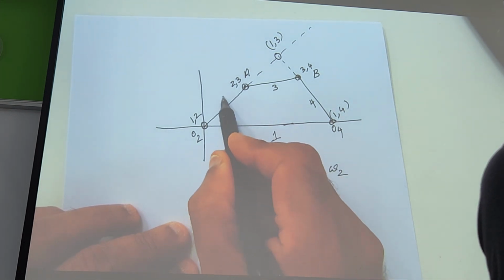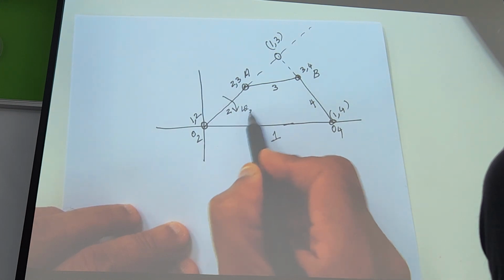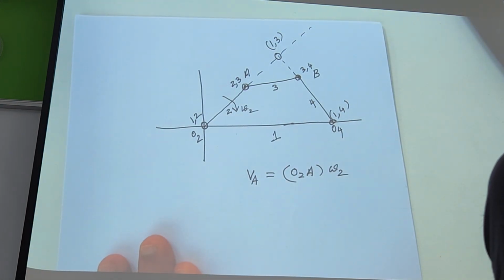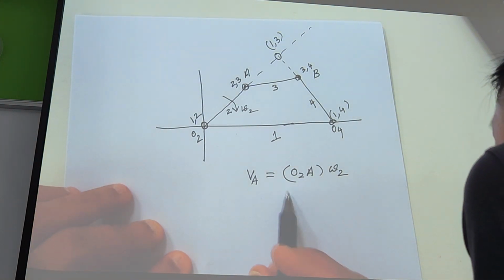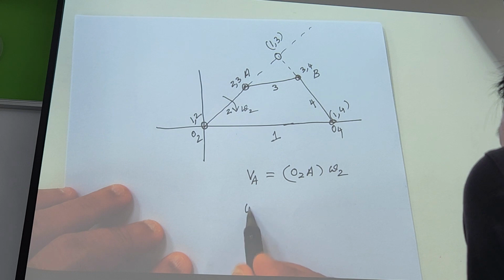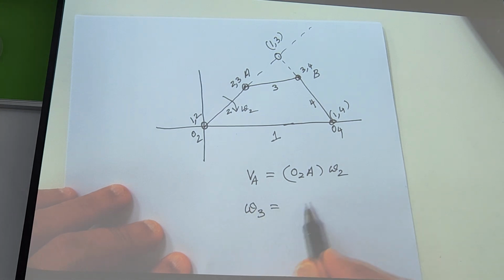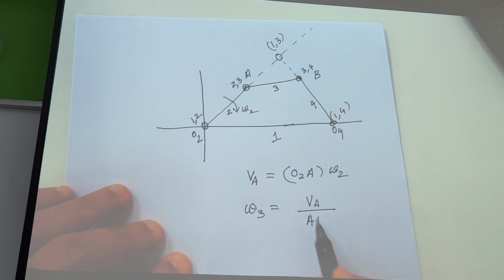Let's say we know omega 2, so you know velocity A. Once you know velocity A, you can find out the angular velocity of link 3 by knowing the instantaneous center for point A on link 3.